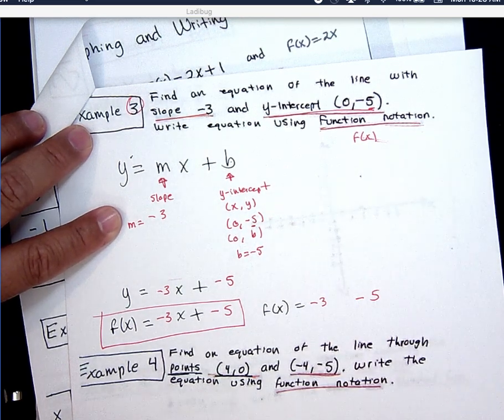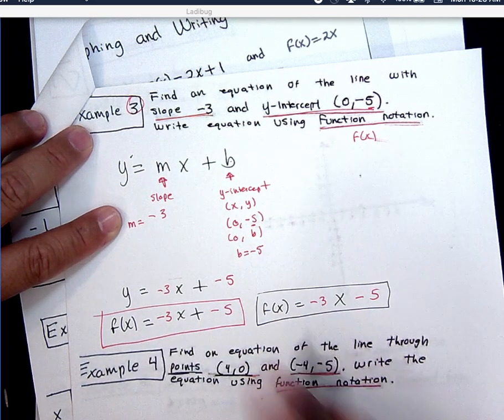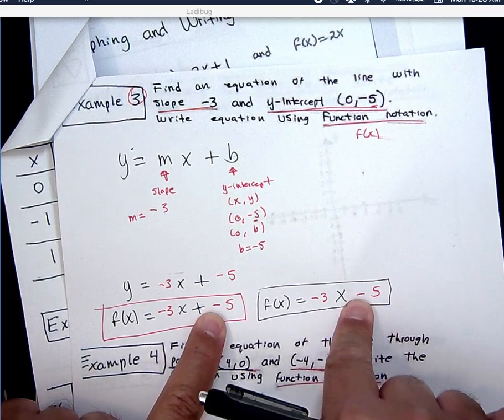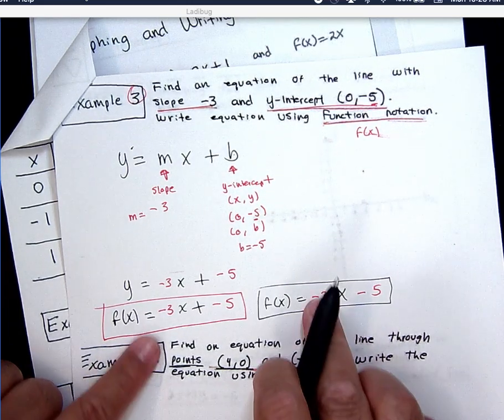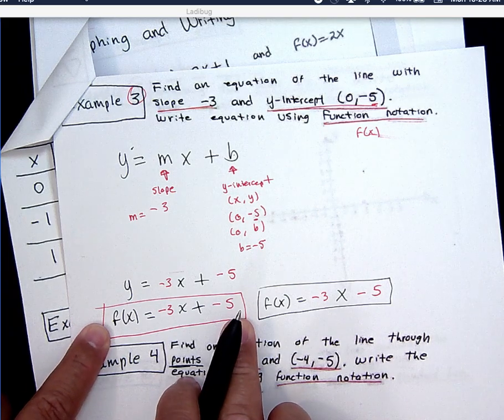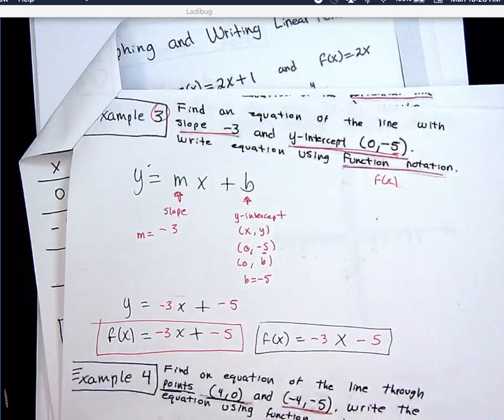They're the same thing. I just took out the positive and included the negative here. That's the only difference. So that's the equation, and that's the function notation. Okay, let's move on. So this is how you find it.